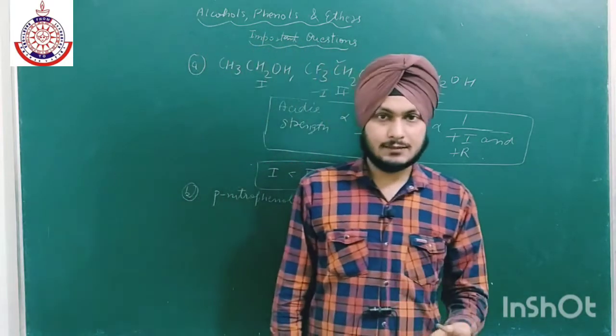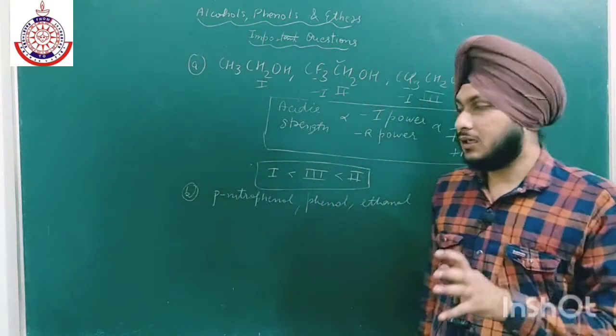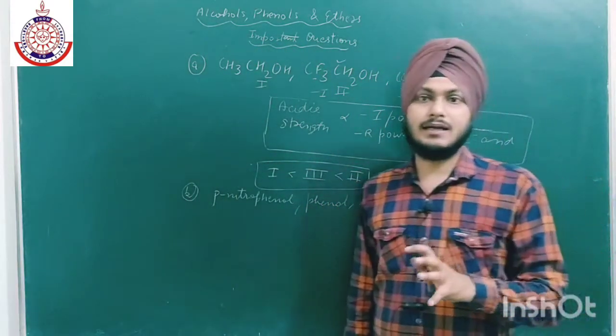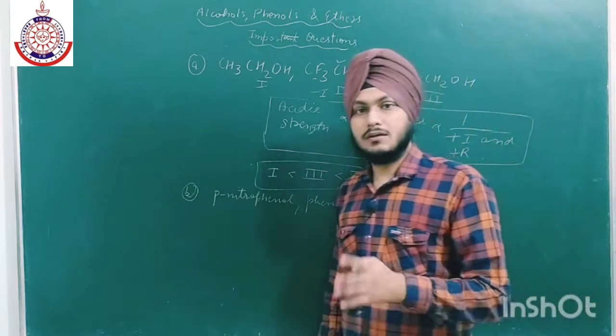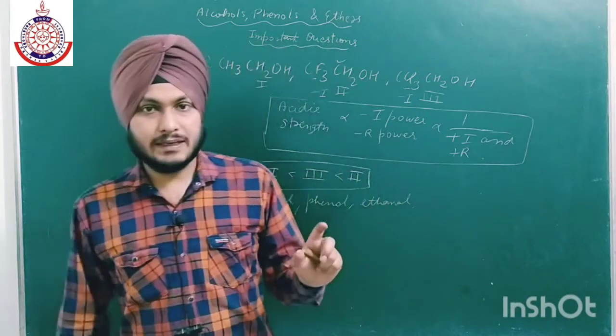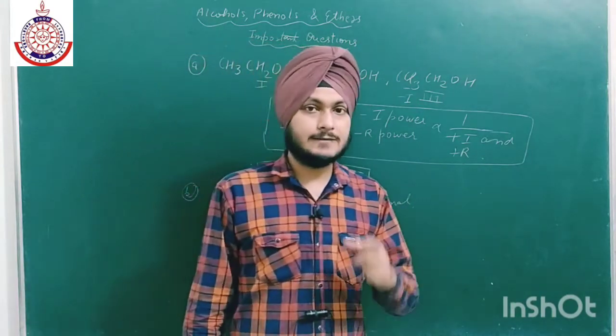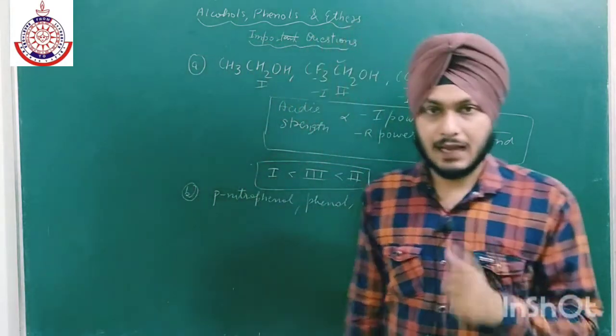As compared to aliphatic alcohol, the acidic strength of aromatic alcohol is always greater, due to resonance. After the removal of H positive, the conjugate base, which is the phenoxide ion, is very stable compared to the alkoxide ion.